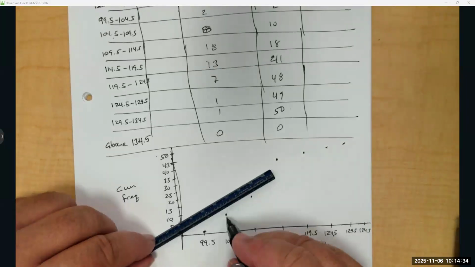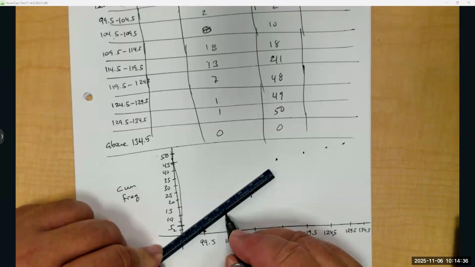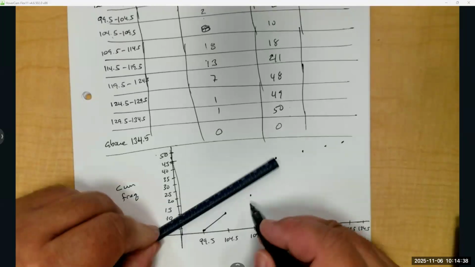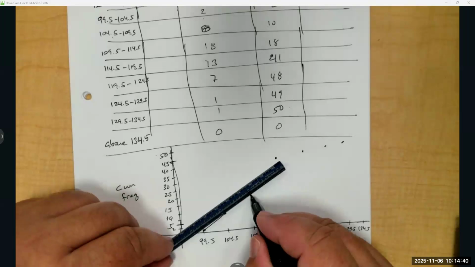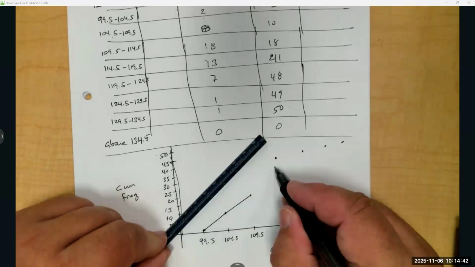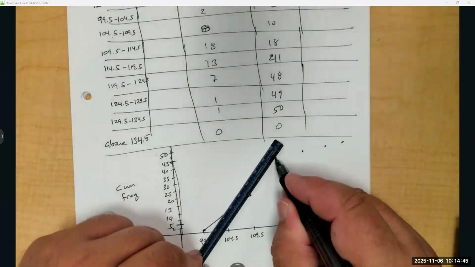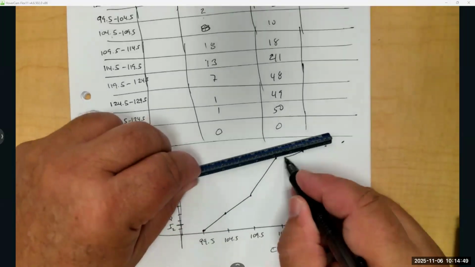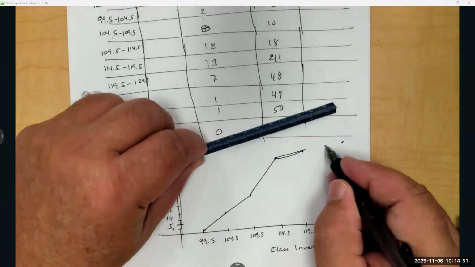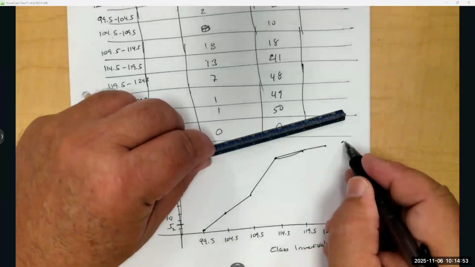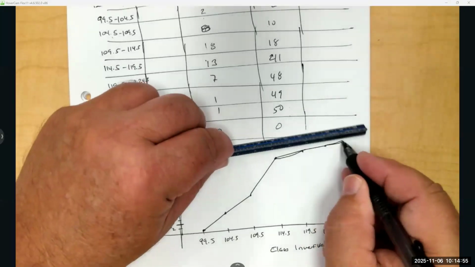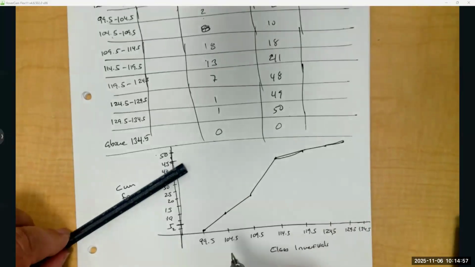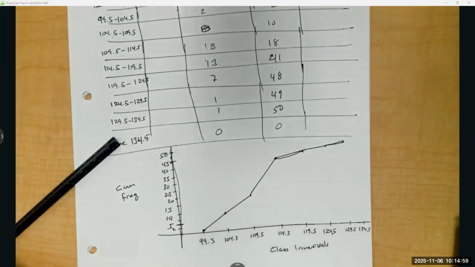Now we connect the dots. And that's your Ogive graph.